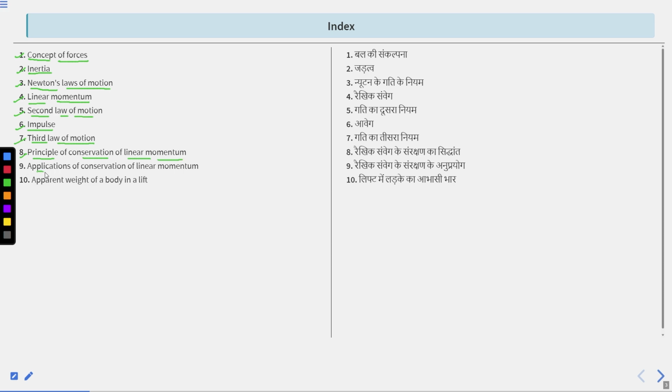Ninth is applications of conservation of linear momentum. And tenth is apparent weight of a rigid body in a lift. Clear? So these topics we will learn each one by one.